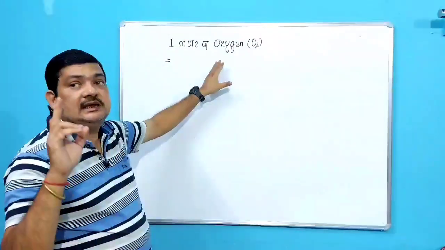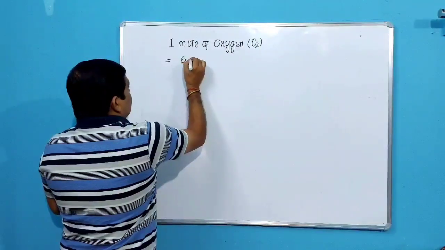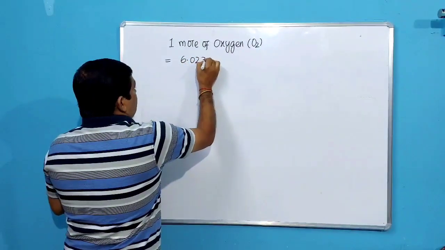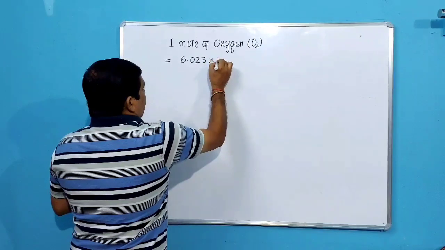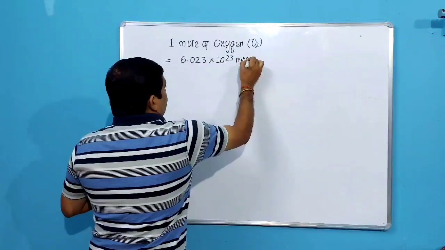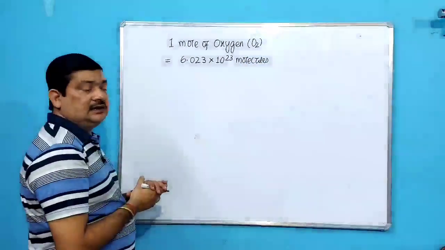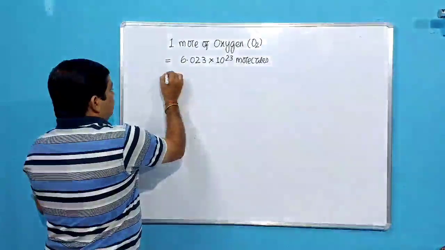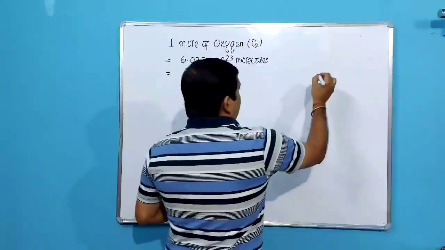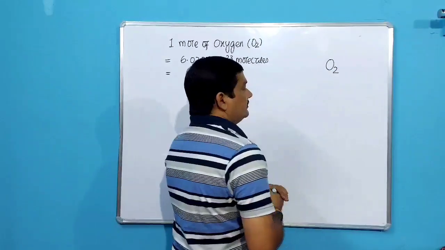Here it is a molecule, so Avogadro number of molecules. What is that? 6.023 into 10 to the power 23 molecules of oxygen.